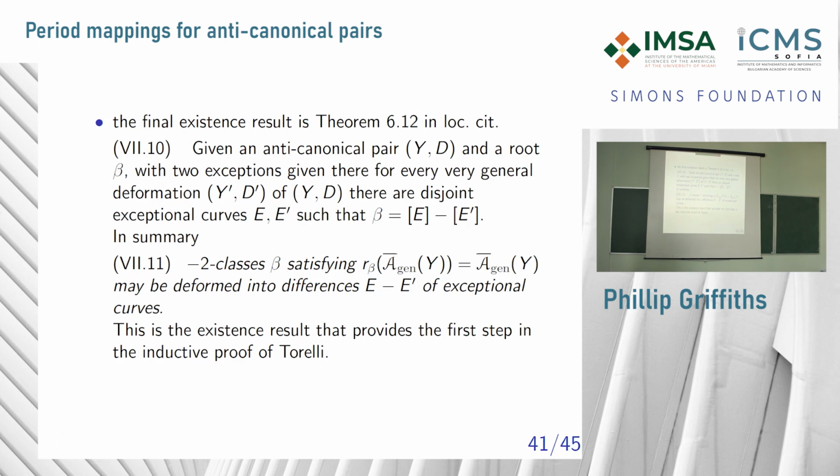And now you're basically done, because like I said, it's enough to prove the global Torelli theorem for generic pairs. For generic pairs, we've really gotten rid of all the curves on Y that we didn't know about. And now you use that induction argument.